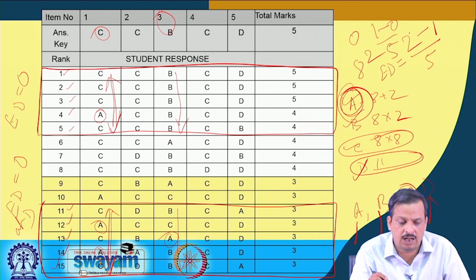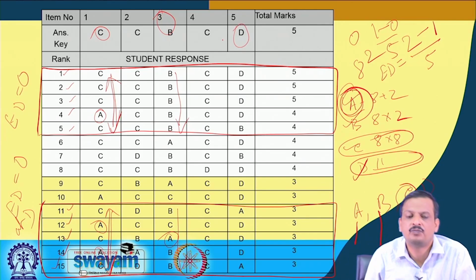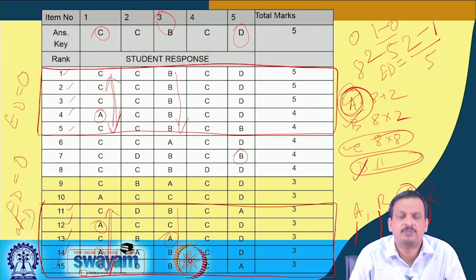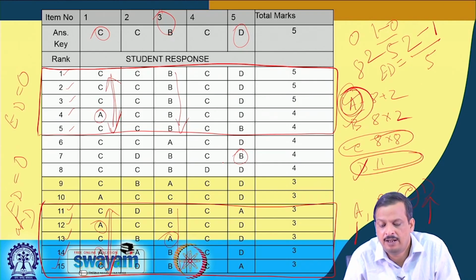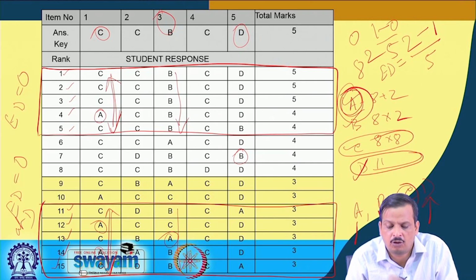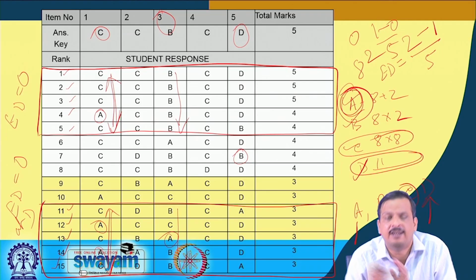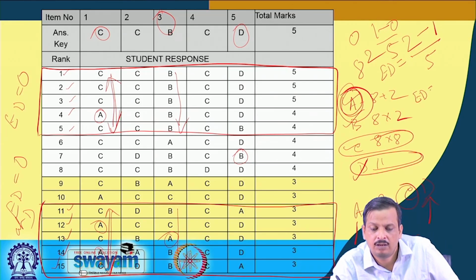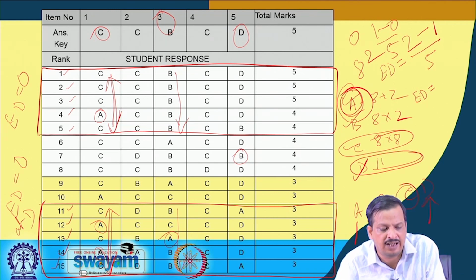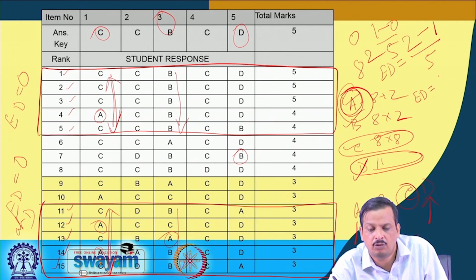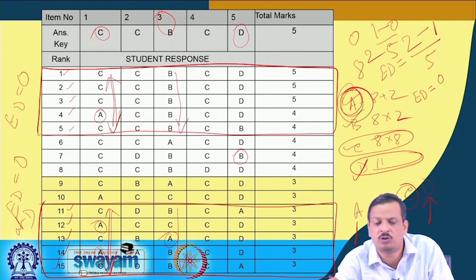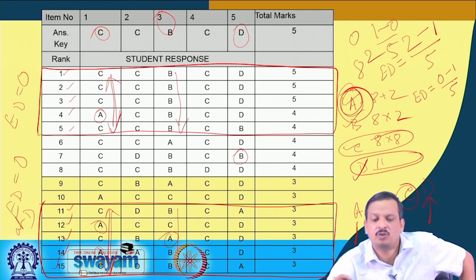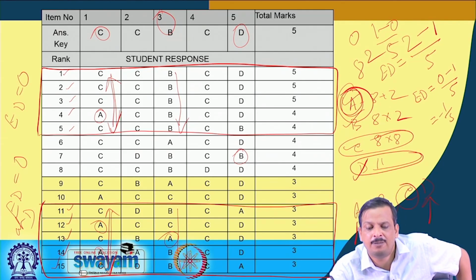See item number 5. The correct answer is D. If I say calculate the ED for option B, then what is the ED? The number of students in the lower group who chose B is 0, the number of students in the upper group who chose B is 1, divided by group size 5. So, it is minus 1 by 5.